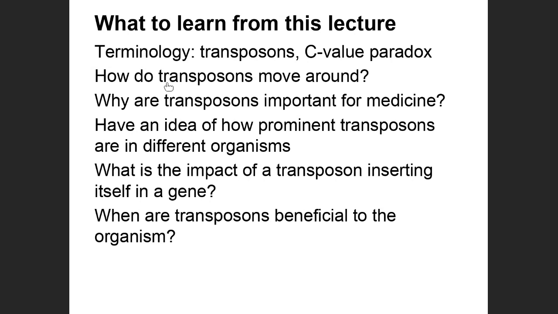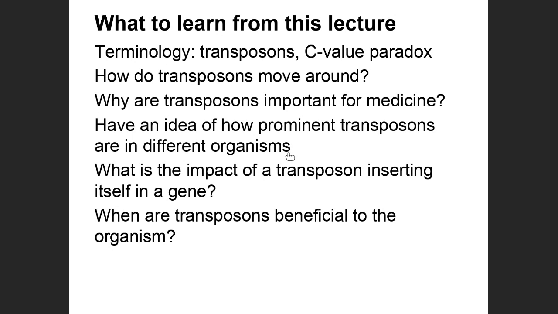There are different ways that transposons move around, and when they do move around our genome, what happens to the phenotype? So why are transposons important to medicine? And then have an idea how prominent transposons are in different organisms.